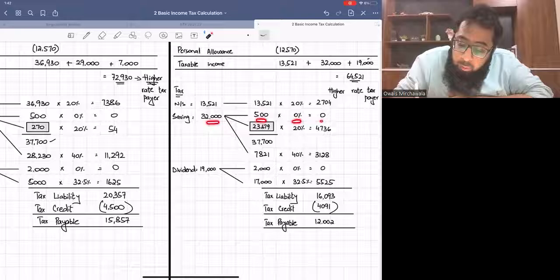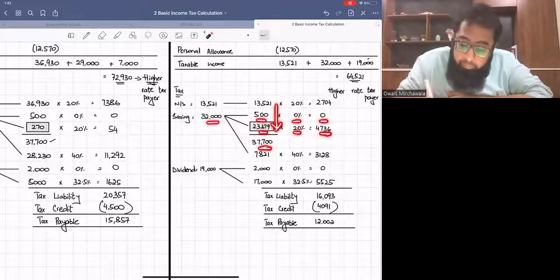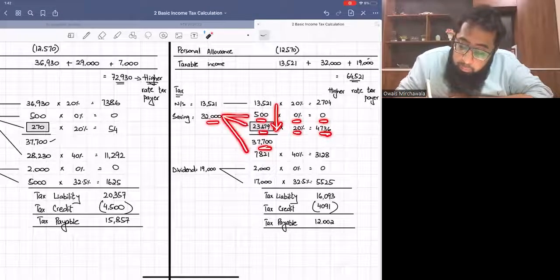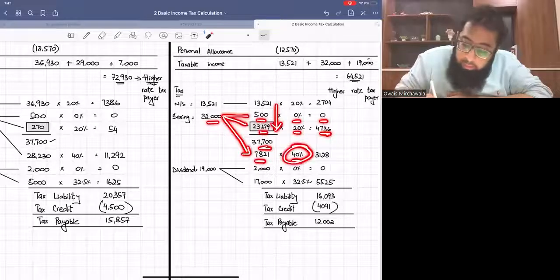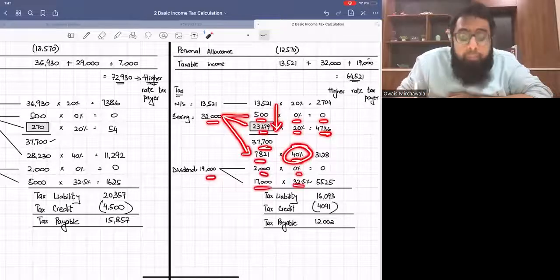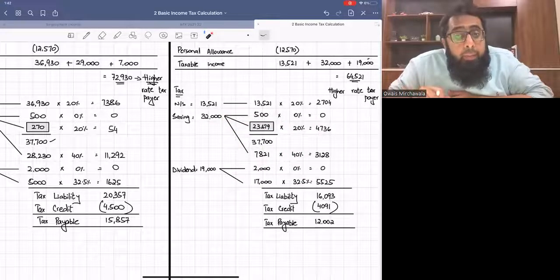Now first 500 goes at 0% band. Remaining space in the basic rate band goes at 20%. And the remaining portion of saving income goes at 40%. Then dividend income and tax liability. I hope that you are getting it.